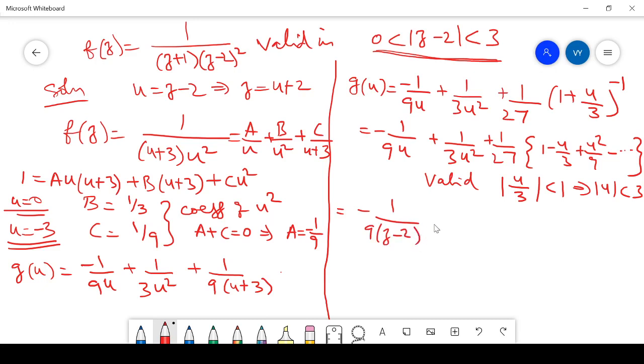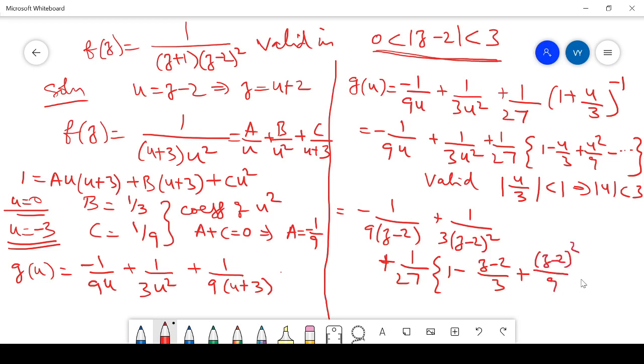So I'll have minus 1 by 9 into z minus 2 plus 1 by 3 into z minus 2 the whole square plus 1 by 27 into 1 minus z minus 2 by 3 plus z minus 2 the whole squared by 9 minus so on, valid if 0 less than mod z minus 2 less than 3. So this completes the second part.